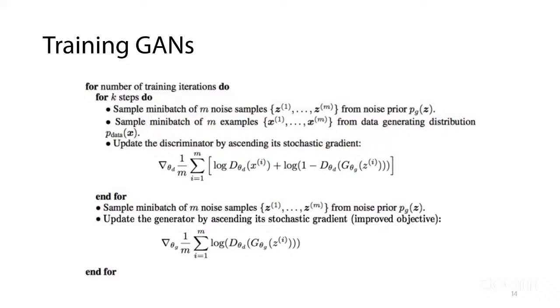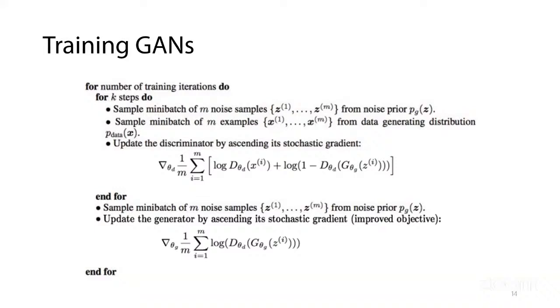Now, the second part of this for loop is the update of the generator. So now the generator loss term, we take the gradient. We don't really care too much about the discriminator because the discriminator loss is something that the generator cannot change, right? So the only thing that we can optimize is the generator loss.